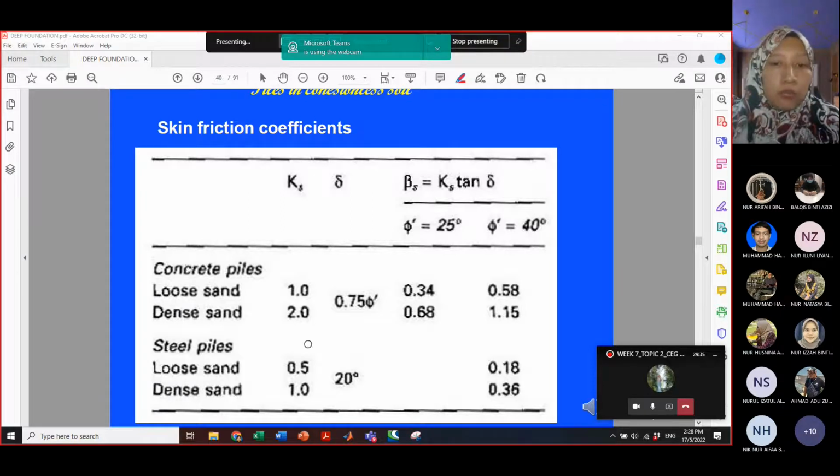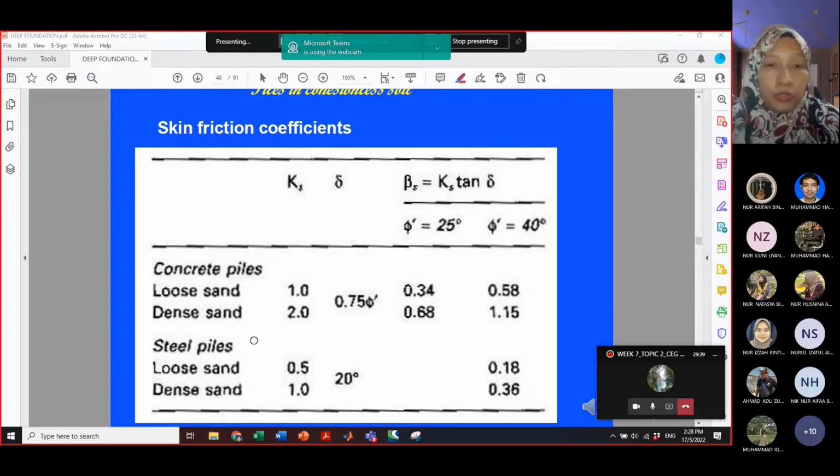For this particular example, if you have a concrete pile driven or bored in loose sand or dense sands, the KS is around 1.0 to 2.0, while the delta can be estimated from this formula: 0.75 times the internal friction angle phi.